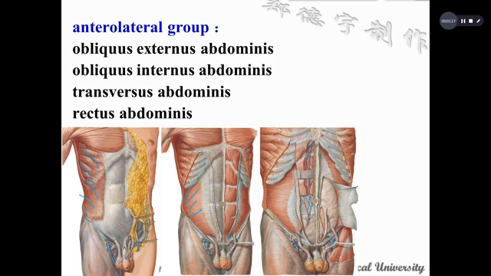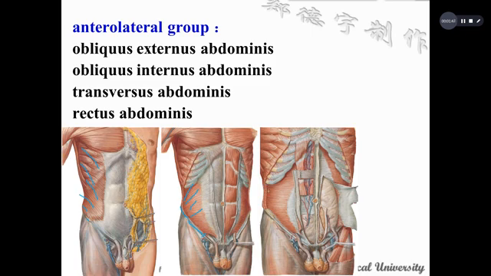It originates from the lateral half of the inguinal ligament and the iliac crest. And then the transversus abdominis originates from the transverse processes of the inferior part of the thoracic vertebrae and the lumbar vertebrae.